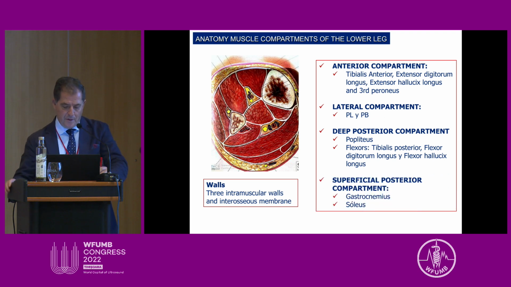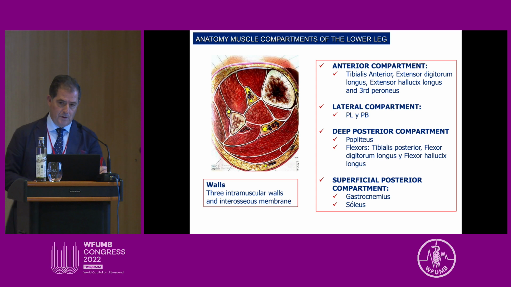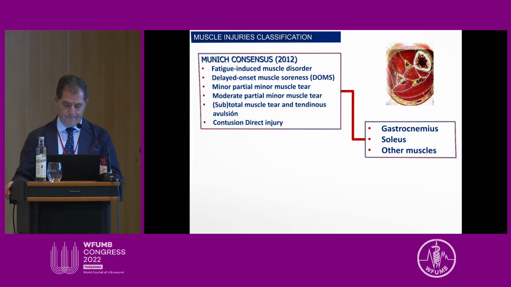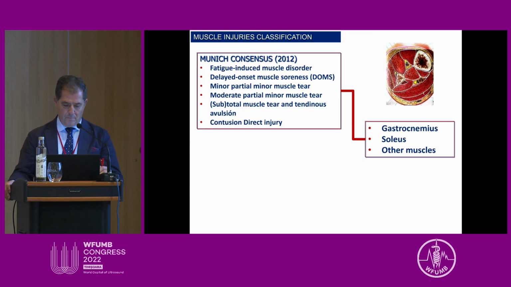The very frequent ones affect the gastrocnemius, especially the gastrocnemius medialis, and the soleus muscle. For us, the Munich consensus is very important because this classification can be applied to the ultrasound exam.